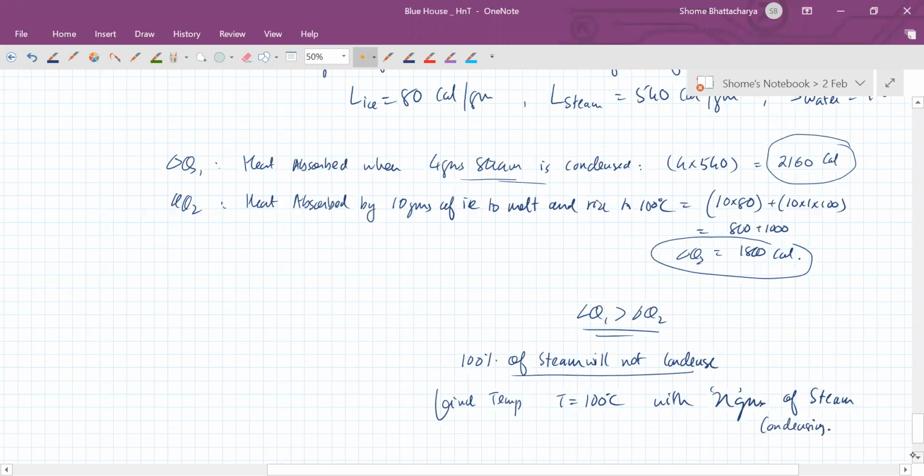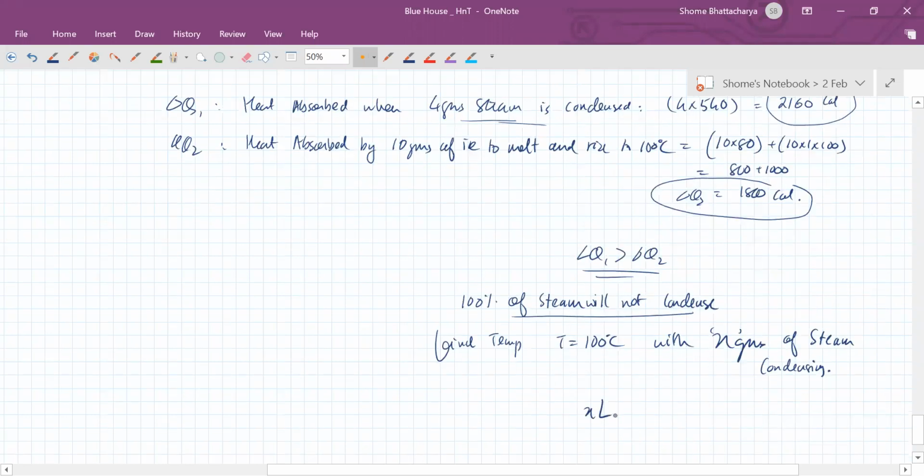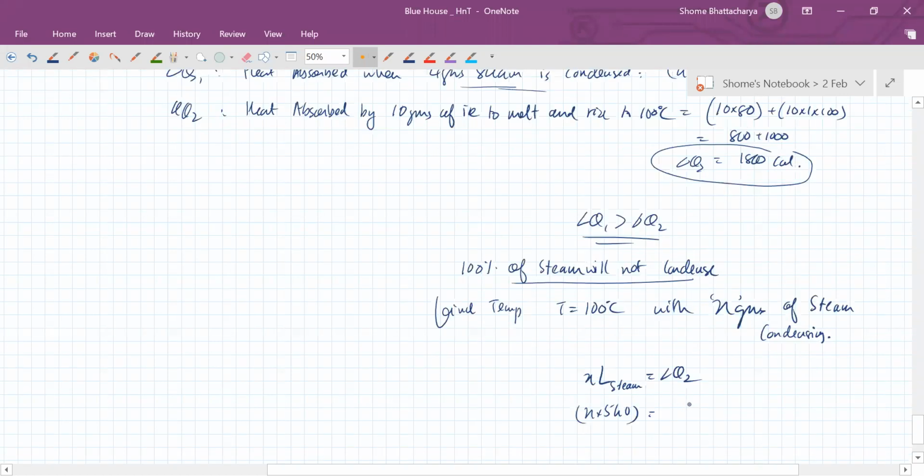Okay. Where that X will be such that X into latent heat of steam will be equal to this delta Q2 we calculated. So X into 540 will be equal to this 1800 calories. So only 3.33 grams of steam will condense.